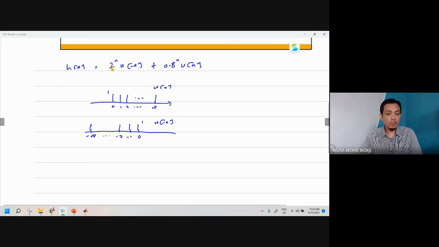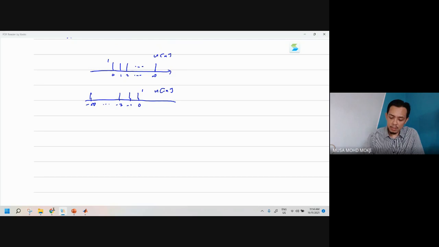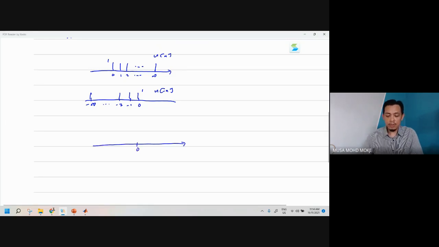And what is actually 2 to the power of n? You should be able to imagine that also. 2 to the power of 0 is 1, 2 to the power of 1 is 2, and then here you will get 4, up to infinity you will get infinity.